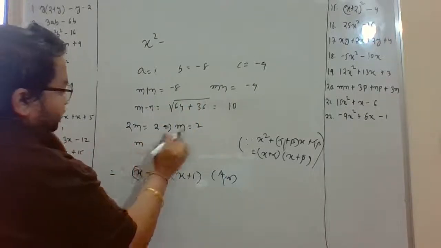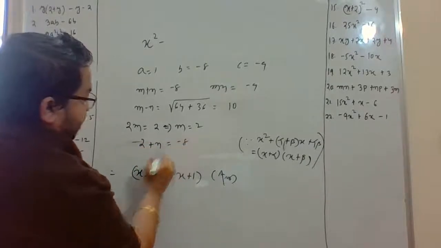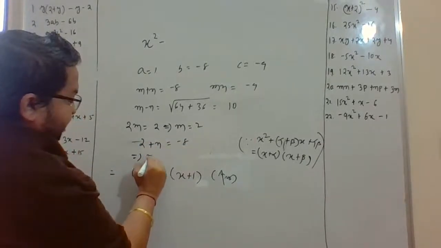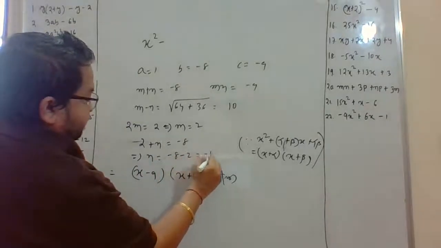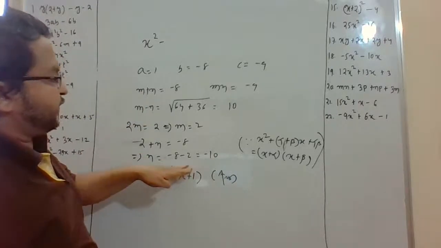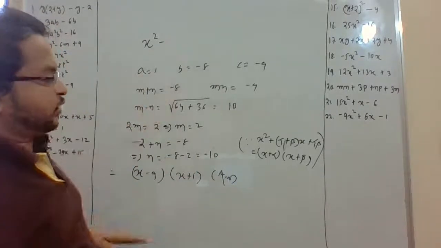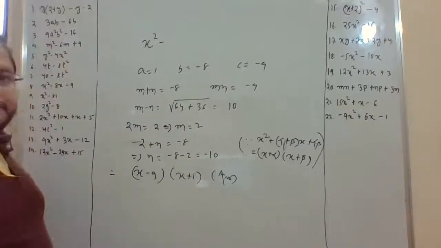So m plus n equals to -8, or obviously n will be -8 minus 2, that is nothing but -10. So you found the value of m, you found the value of n, just put it in the middle term, and if you do it, you will still arrive at the same answer.